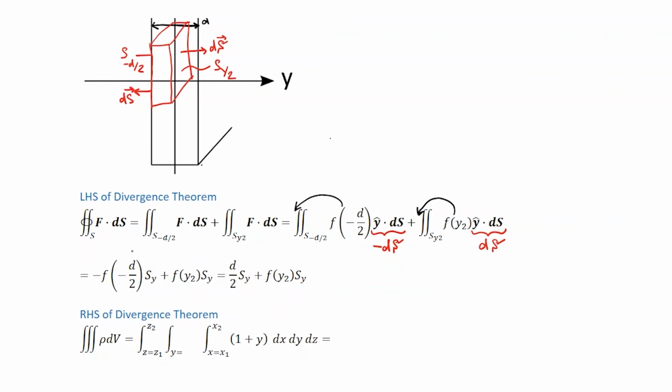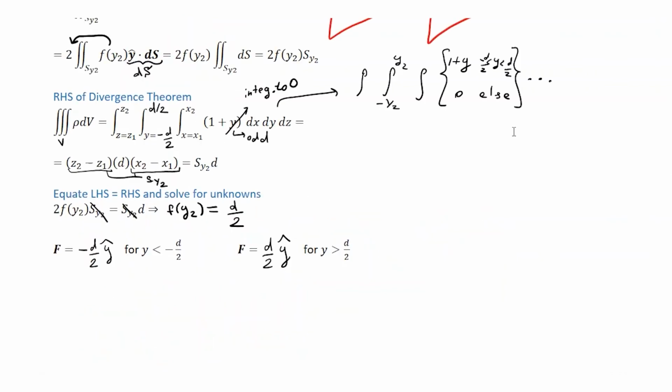Now let's use the information we got from the previous part. We need F at negative d over 2. So the y component of F at y equals negative d over 2. You see, this is the field on the left side of the slab, and this is the y component.